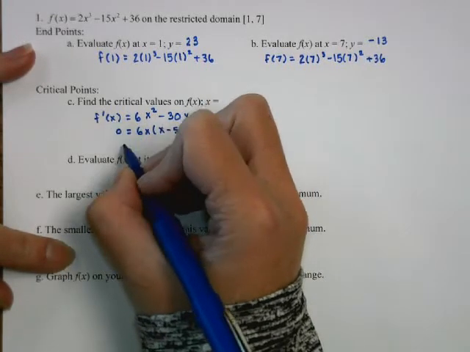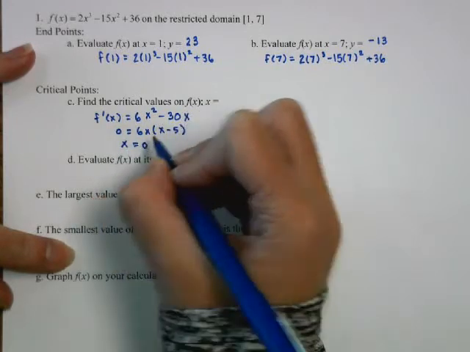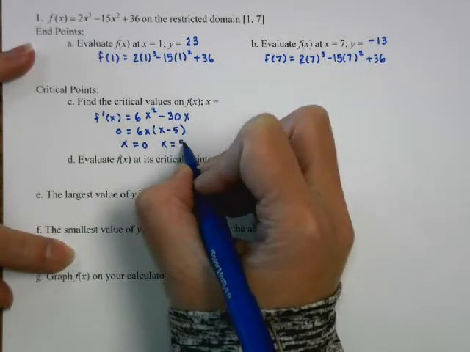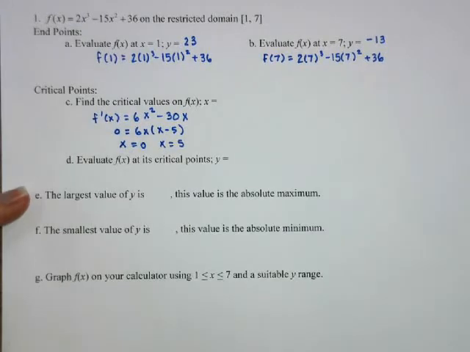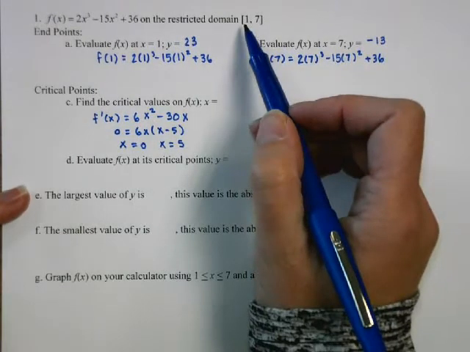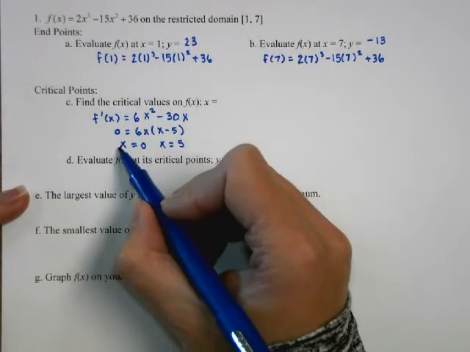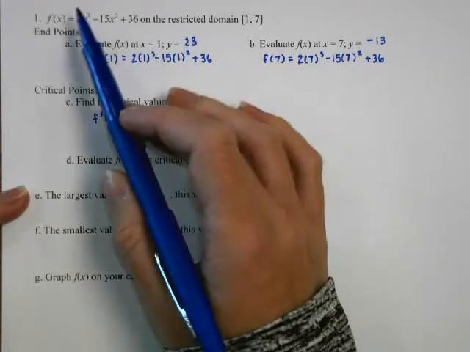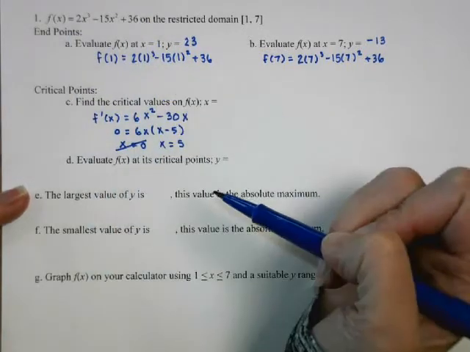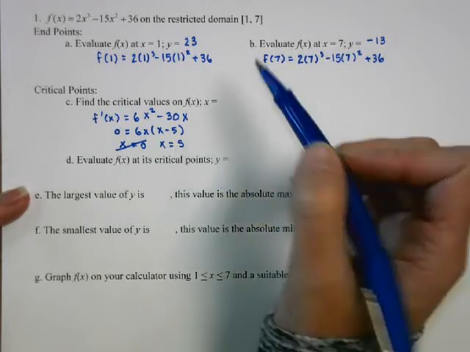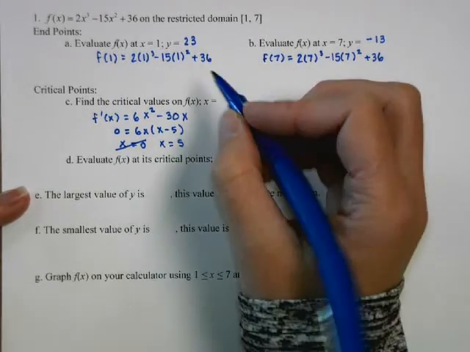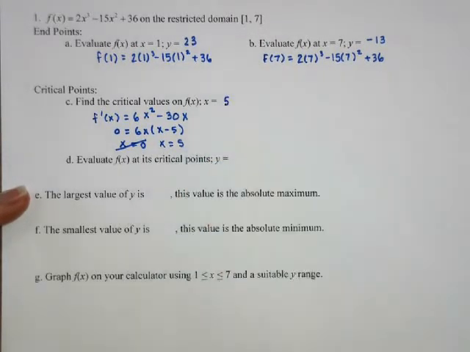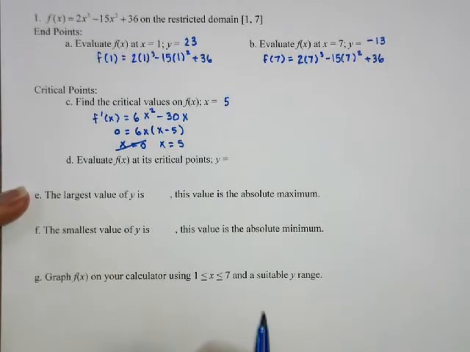So the critical values of the function are when x is equal to 0 and when x is equal to 5. But we only care about the ones between 1 and 7. So even though 0 is a critical value of this cubic function, we don't care because it's not between 1 and 7. So the only critical value that we care about is 5.